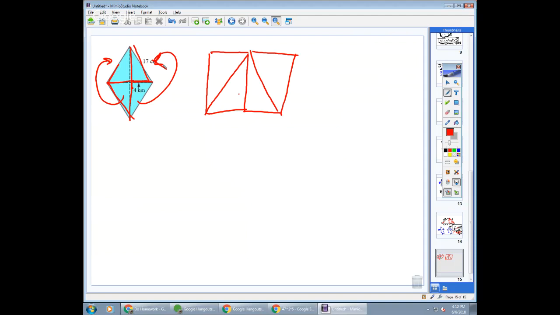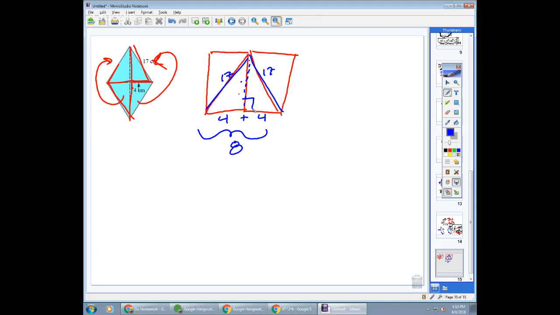And if I do that, what do I get? I get that these diagonals are my 17s here and here. And I get that this is 4 there and this is 4 there. So my total distance across is 8. All I need to do is figure out what is that height right there, and then I'll have base times height for the area. That's one way to look at it.